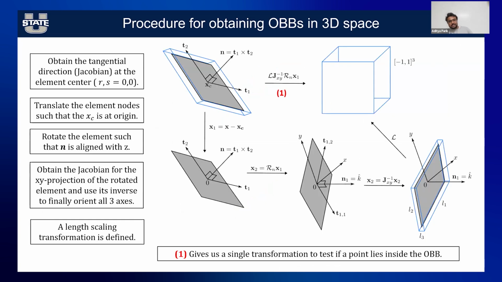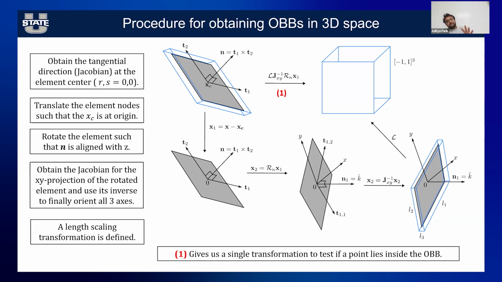For the 3D case, the idea is similar. It's just that now we have information of two tangents at the r, s equal to 0, 0 location. So we calculate a normal direction, then we orient the normal direction so that it's along the z-axis. At that stage, we calculate the z bounds because the physical dimensions of the element are still the same. Then we project the element on the xy axis, that is, we just consider the xy coordinates of the element once it has been rotated.